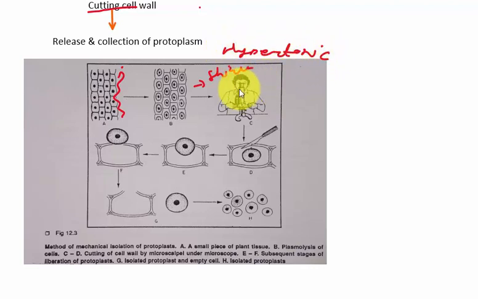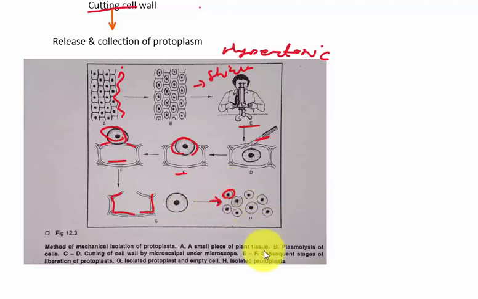Then steps C and D are about observing under the microscope. Then steps E and F show the liberation of the protoplast. This is the empty cell without the protoplast, and then we find the isolated protoplast.